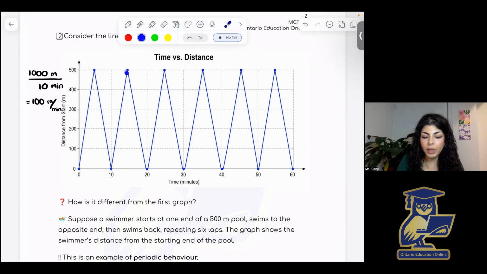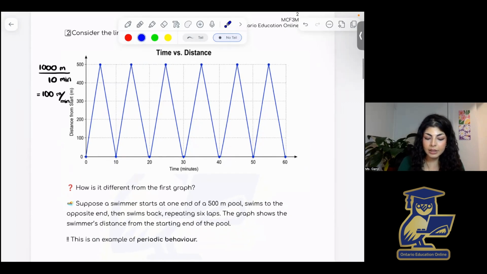So at these points, there's no time where the swimmer has no speed and they're just consistently moving. And again, throughout these 6 laps, they maintain a consistent speed. So these are all assumptions we do have to make with these types of graphs, which is that consistency.